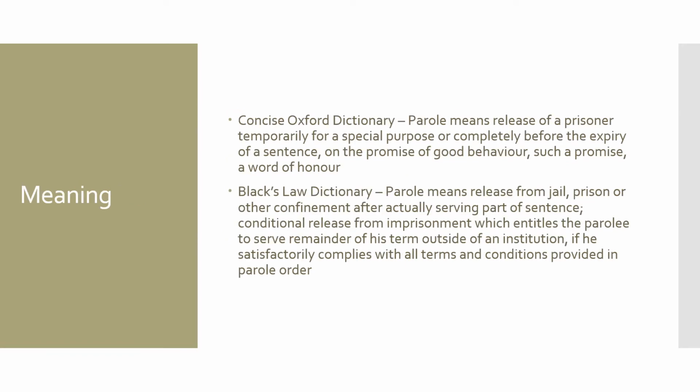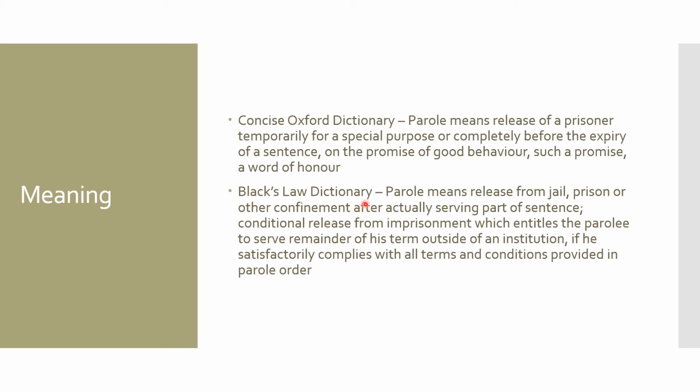After knowing about its origin somewhat, let's figure out what it means. The Concise Oxford Dictionary says that parole means release of a prisoner temporarily for a special purpose or completely before the expiry of a sentence on the promise of good behavior. Such a promise is a word of honor.